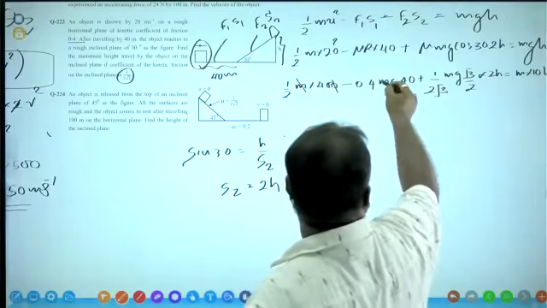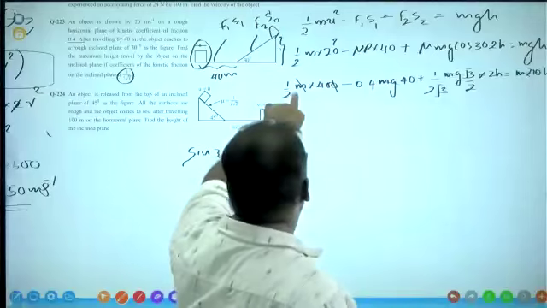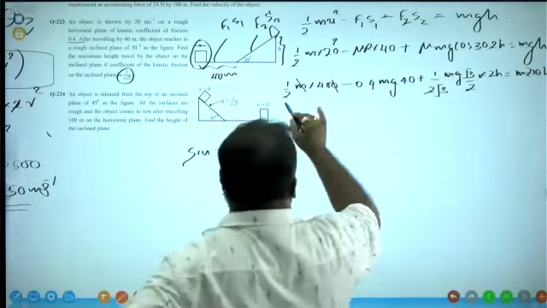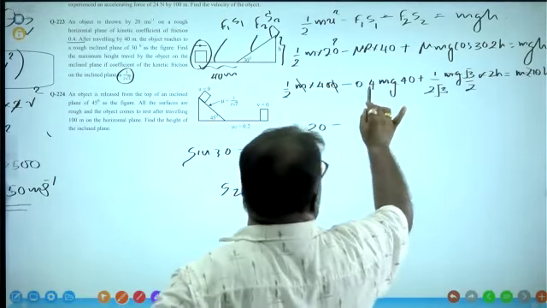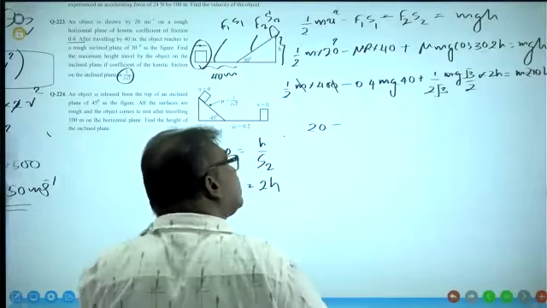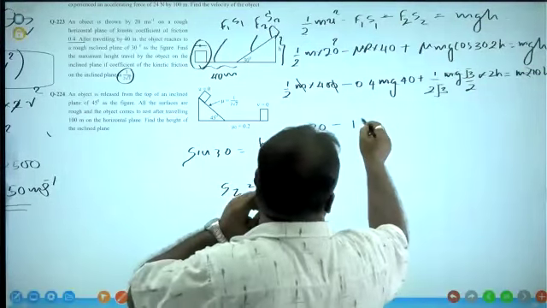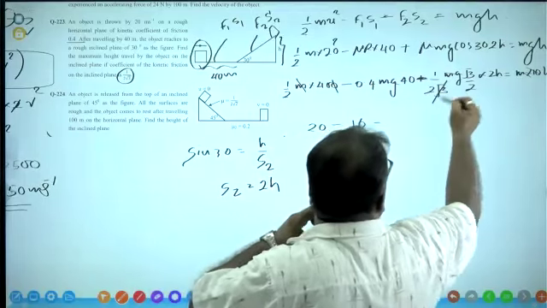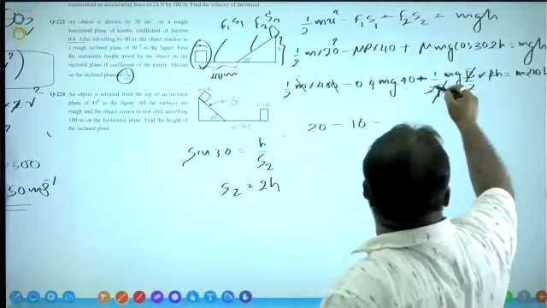mg cancel, mg cancel, mg cancel, mg cancel. Here mg cancels, right? Simplify this one. 40 by 2, 20, minus 0.4 into 40, we have 16, right? Here minus, root 2 cancels, and here 2 cancels.